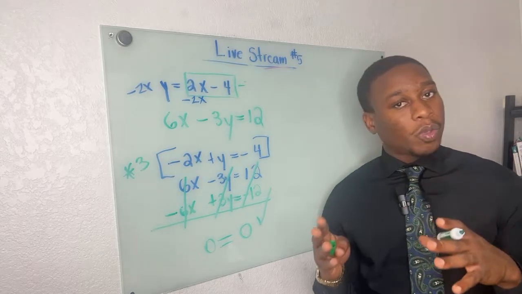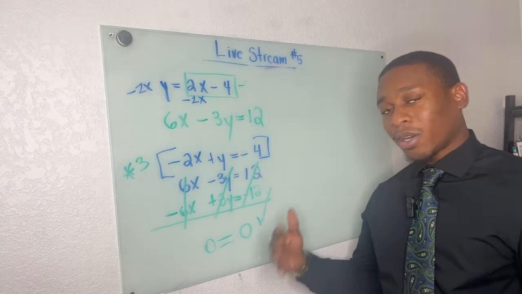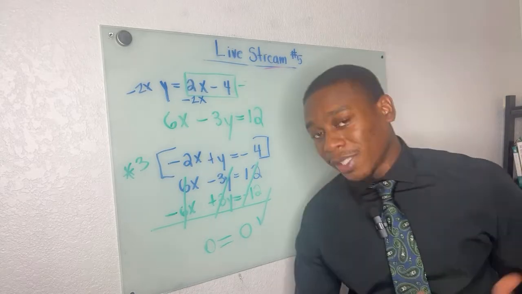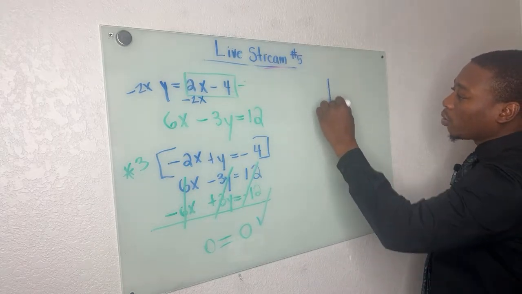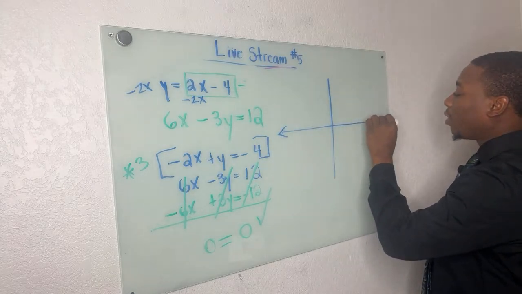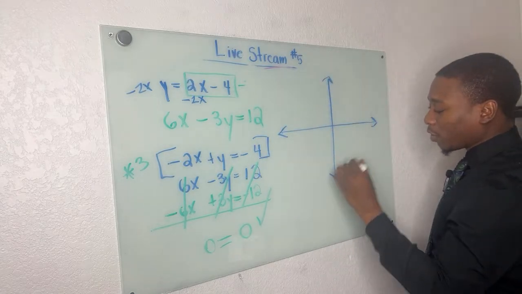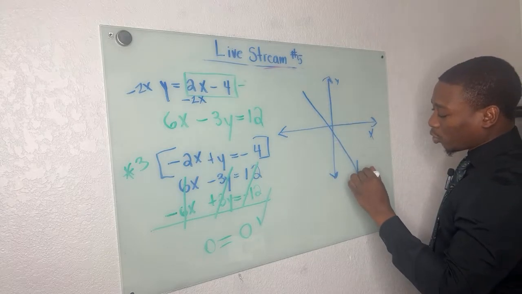So hopefully you guys saw this trick and you understand what I'm saying. Now we're going to talk about the graph, because this is essentially the same exact line. When we go to the graph, we're only going to have one line on it because it's the same line. So what does that mean with the solutions?